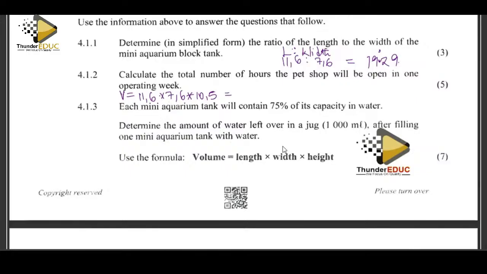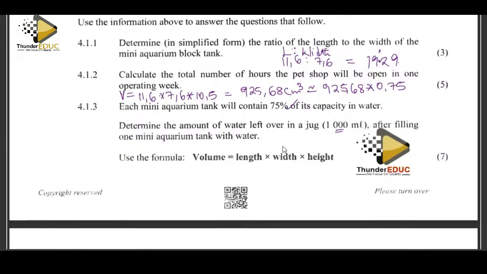Okay. So here the answer we get is 925.68. These are centimeters cubed, but it's the same as milliliters. The reason why I'm changing to milliliters is because that is what I'm looking at. Now this is the full capacity, but we're looking for 75%. So we multiply by 75%.